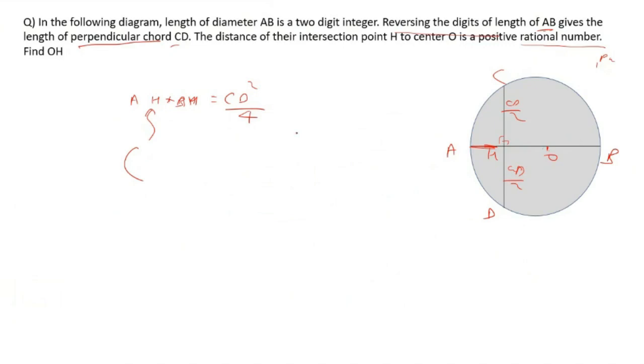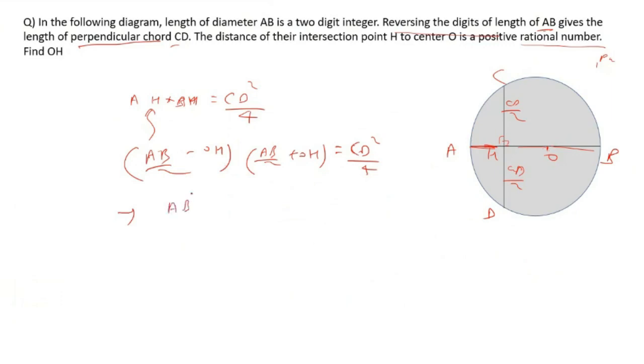So let's see that AO is nothing but AB by 2. Why? Because this is diameter, this is radius. So AB by 2 minus OH, and BH is nothing but, okay, this actually works out well, because BH is nothing but OB plus OH. So this is AB by 2 plus OH. This is A minus B, A plus B.